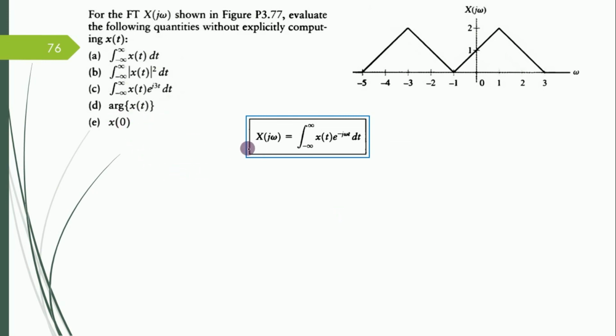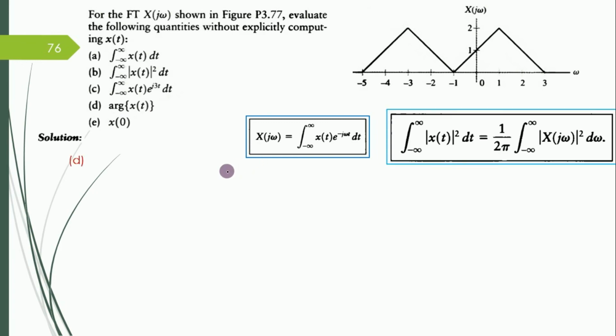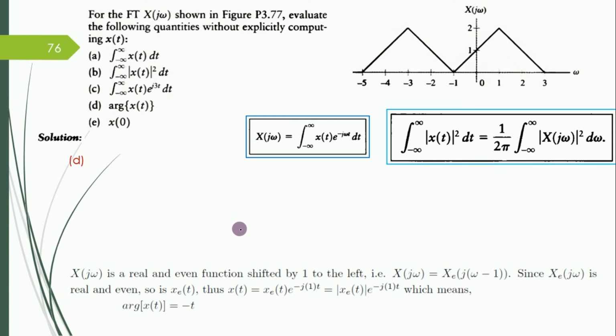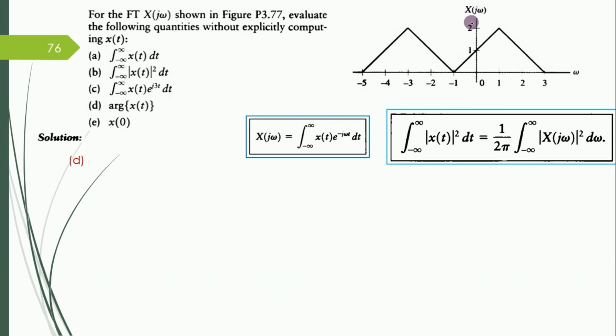Next comes the argument. The argument of x of t. Here you need to make some analysis. We need to analyze whether it is an even function or an odd function, and then extract its phase. If I have the signal like this, the even signal Xe of j omega, I shift it, so you can just check, because it should be even.